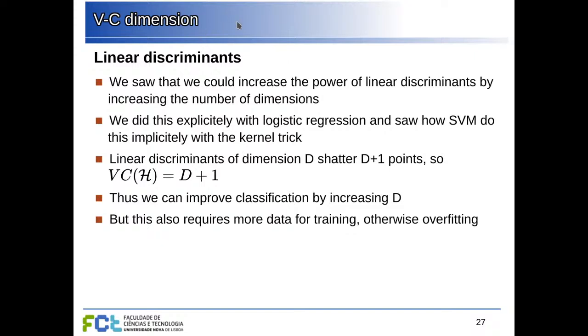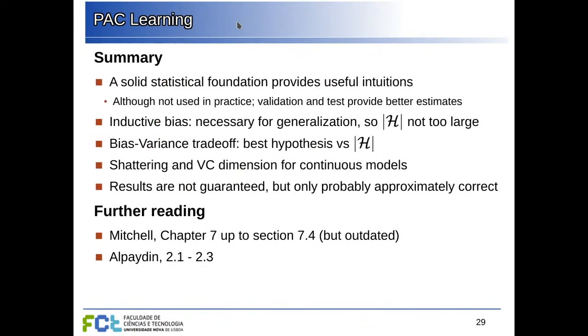Okay, so to sum up, this has been a very dense lecture, but the idea is that although this is not used in practice, you're not going to actually compute these bounds or apply these expressions in practice, this more formal foundation for machine learning allows us to better understand these somewhat vague intuitions that powerful classifiers need more data and things like that, or the trade-off between bias and variance and such.